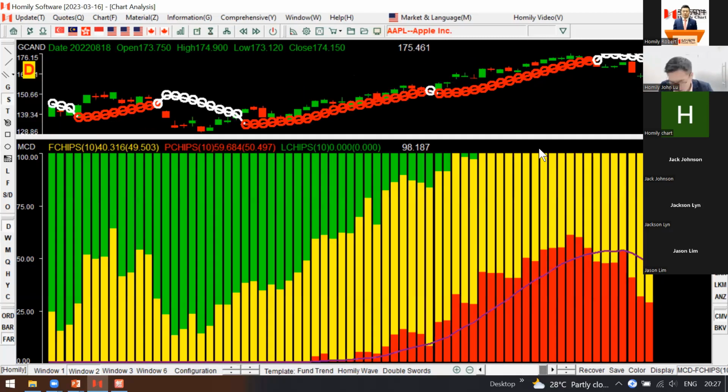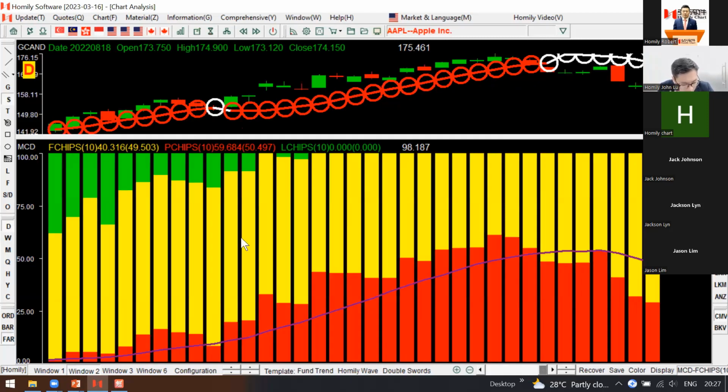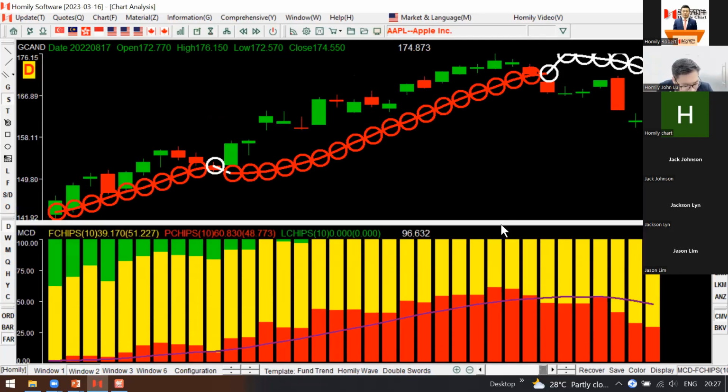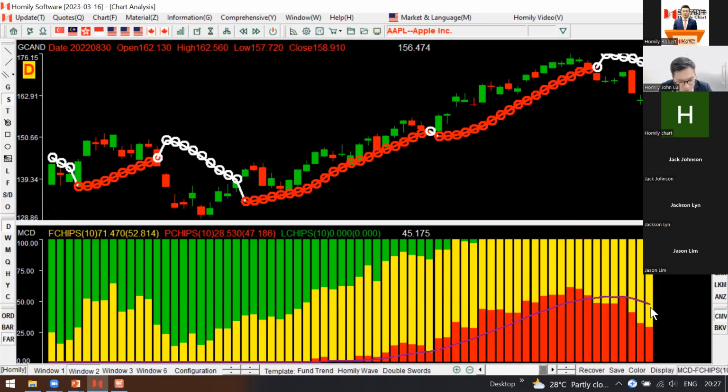I don't want to see other colors, right? So you see, for me, I also like this. When I see the red bar all the way above the purple line, I know it's perfect. But as long as I see the red bar drop below the line and the line turn down, very dangerous. You see, that's why I prefer to use this. You see, okay, very clear.